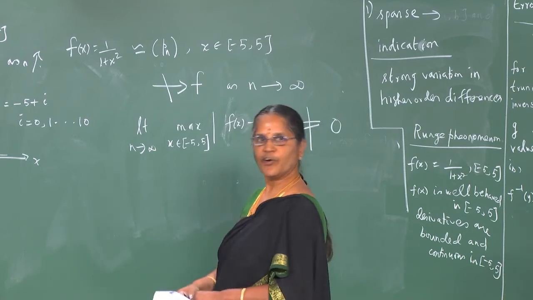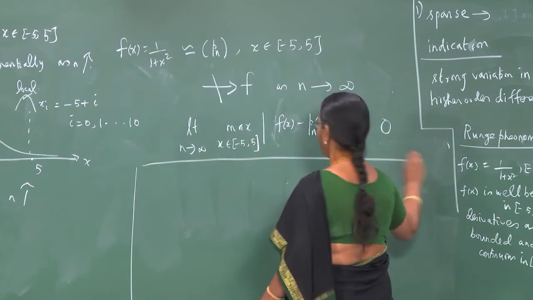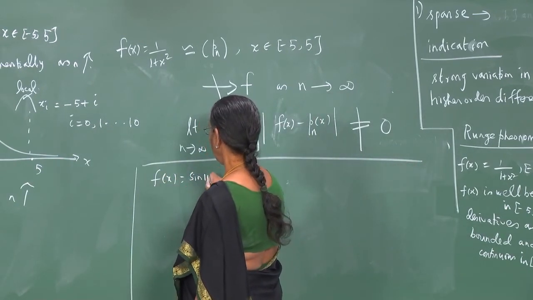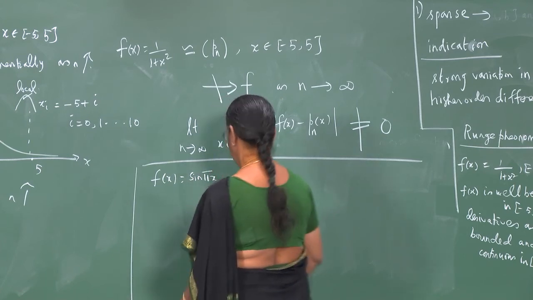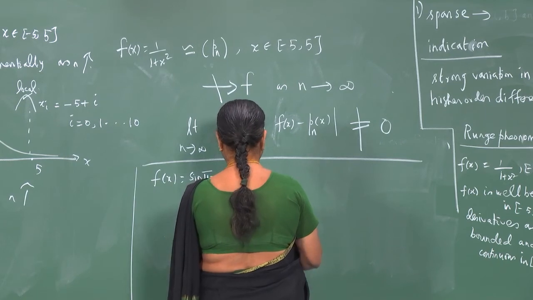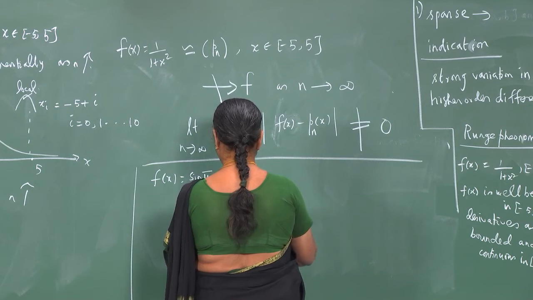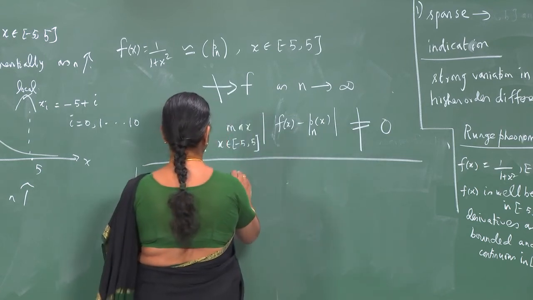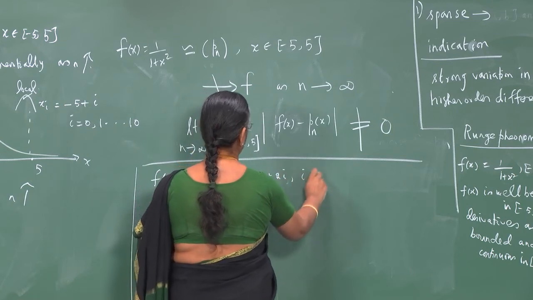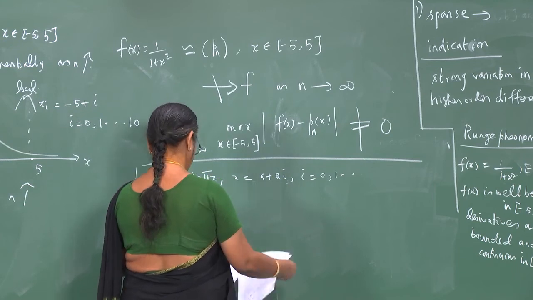So, let us consider the following examples. Suppose say I consider the function f of x, which is equal to sin pi x, and then take the interpolation points, nodes, as say x is equal to a plus 2i for i is equal to 0, 1, 2, 3 and so on.